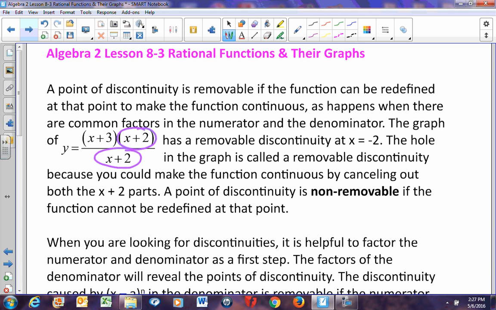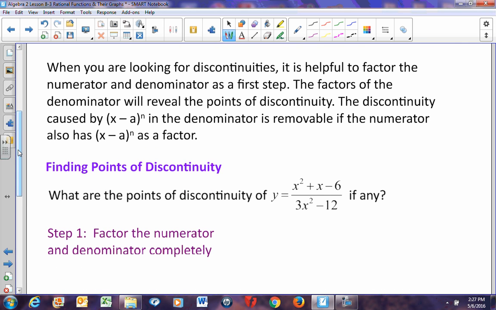A point of discontinuity is non-removable if the function cannot be redefined at that point. So when you are looking at discontinuities, it's helpful to factor the numerator and the denominator as a first step. The factors of the denominator will reveal the points of discontinuity, and the discontinuity caused by x minus a to the n power in the denominator is removable if the numerator also has an x minus a to the n power as a factor.